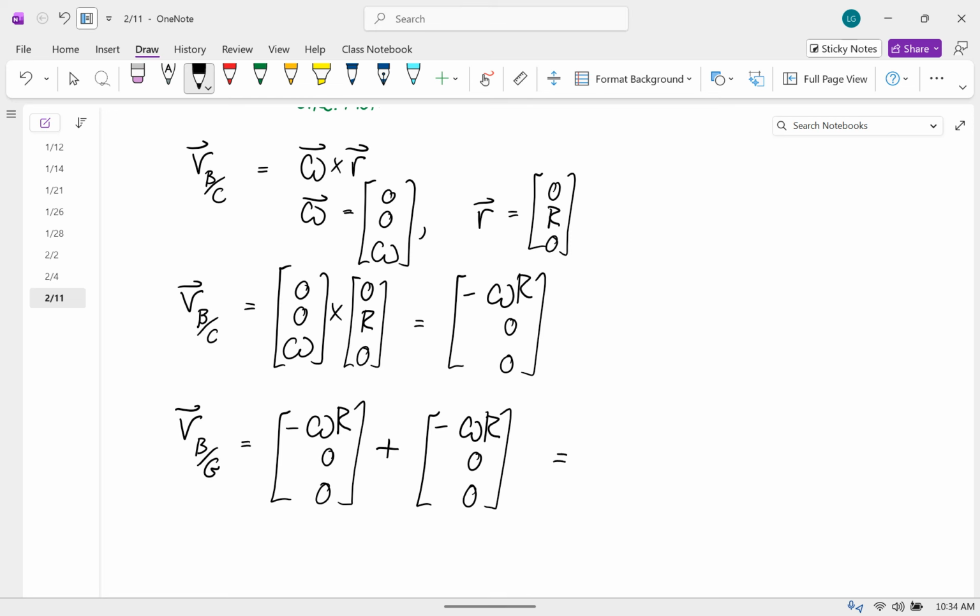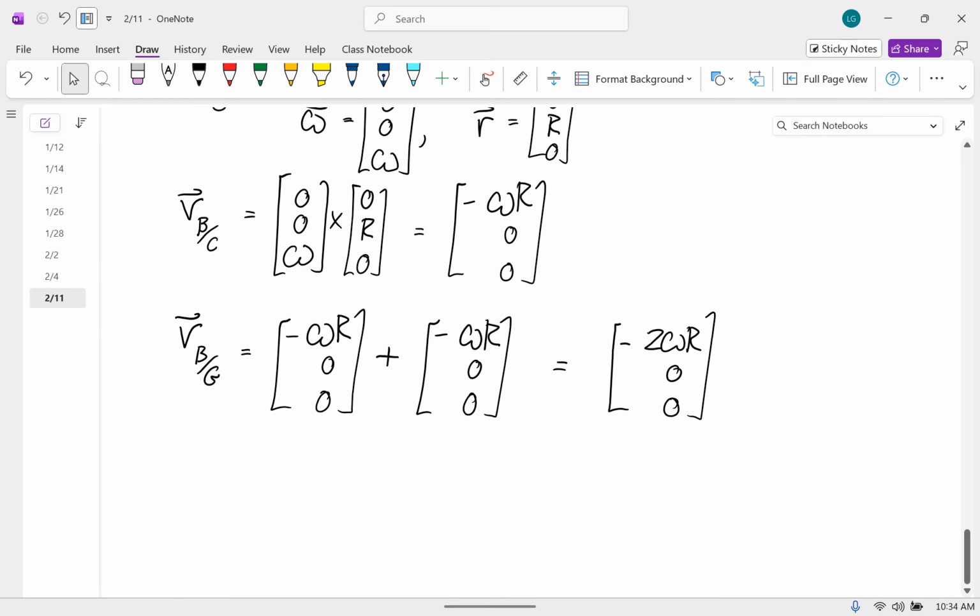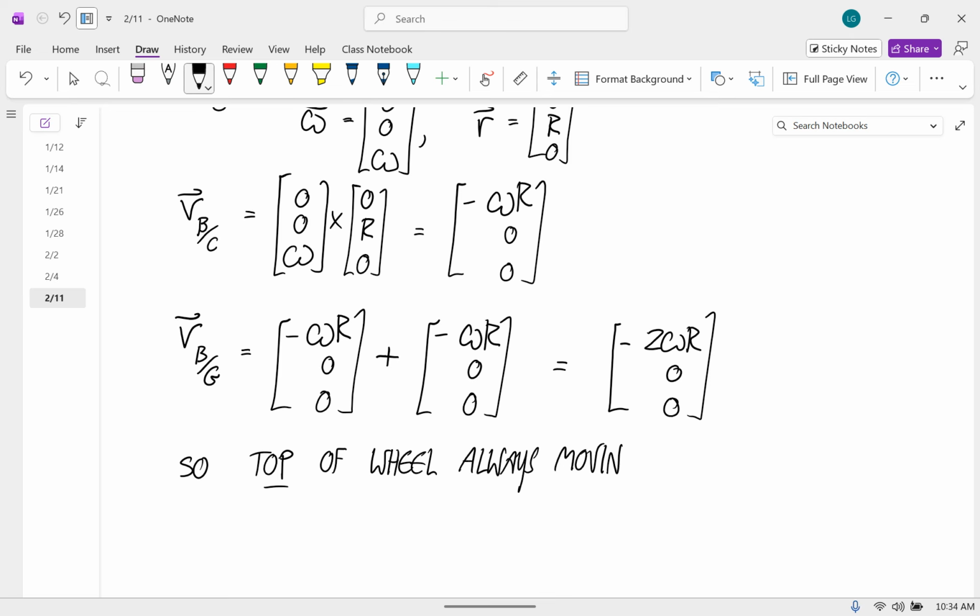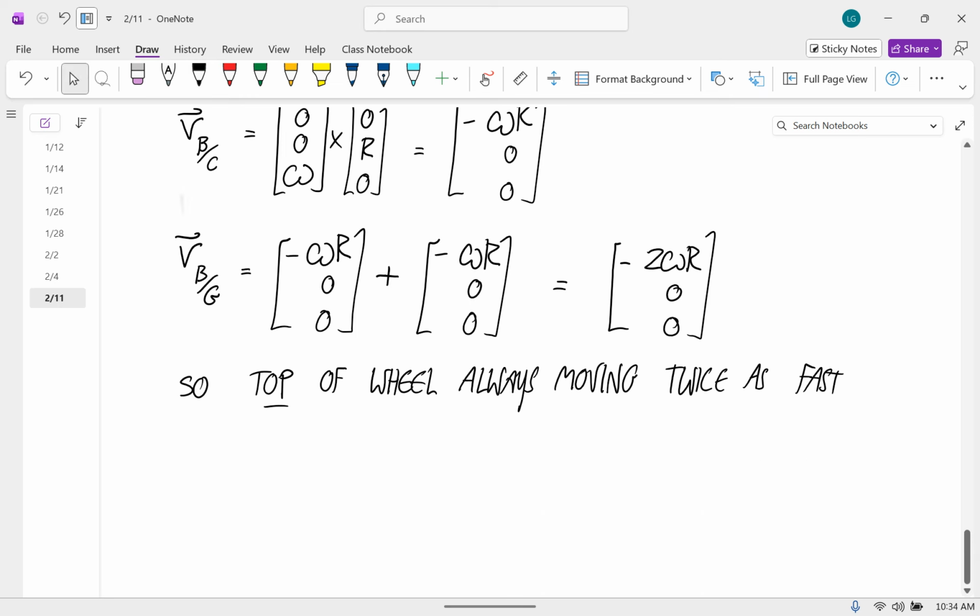And so add them together and you get negative 2 omega R, 0, 0. So the top of a wheel is always moving twice as fast. Again, remember, just be careful, this is relative to the surface.